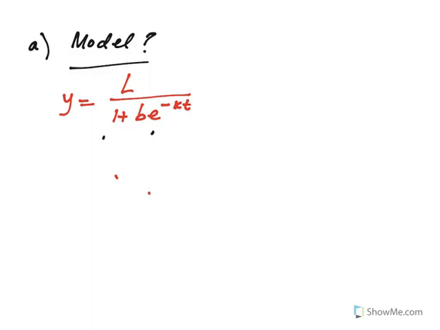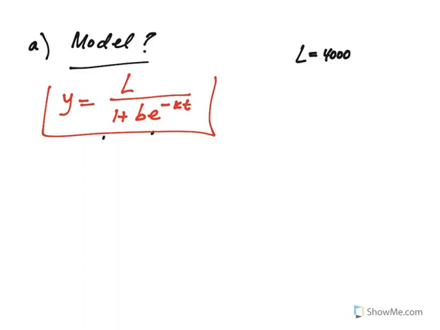L, we know what L is. It's our carrying capacity, and we know what that equals to. It's 4,000. So I'm just going to put the information I have, the parameters we have. So L equals 4,000. Now, if you remember, I mentioned before that your b and k are constants, right? Some kind of numbers. We don't know what they are, and this is our job to find those values.